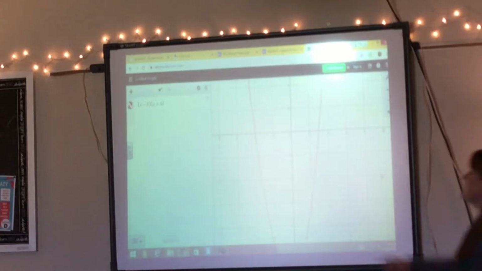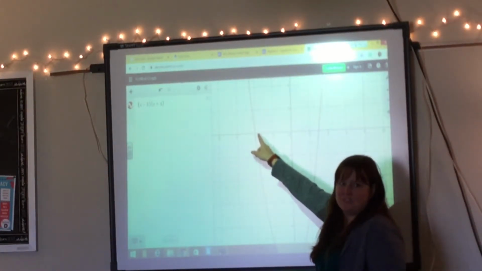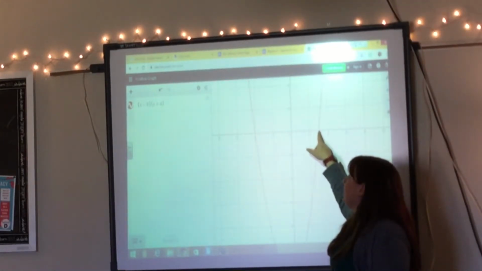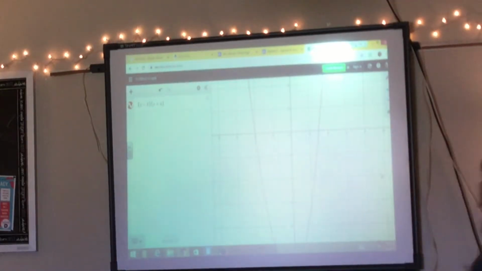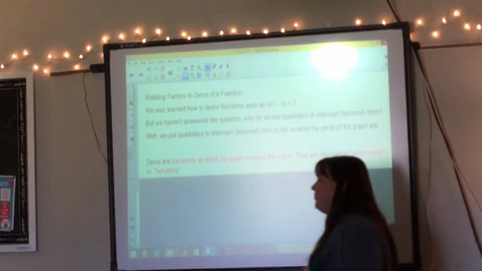The zeros are where it crosses the x-axis. See that? So the zeros for this quadratic are 3 and negative 4. We also call the zeros solutions. We also call them x-intercepts.